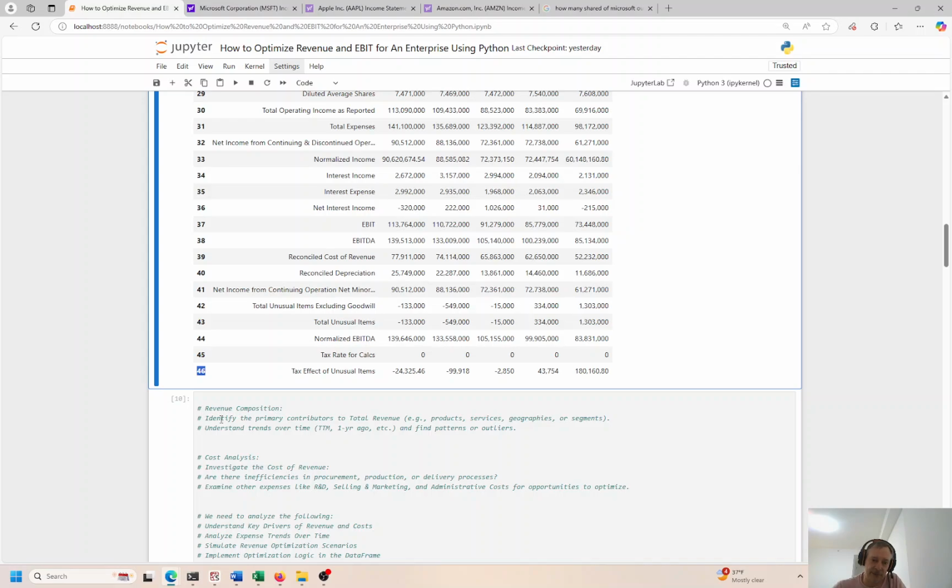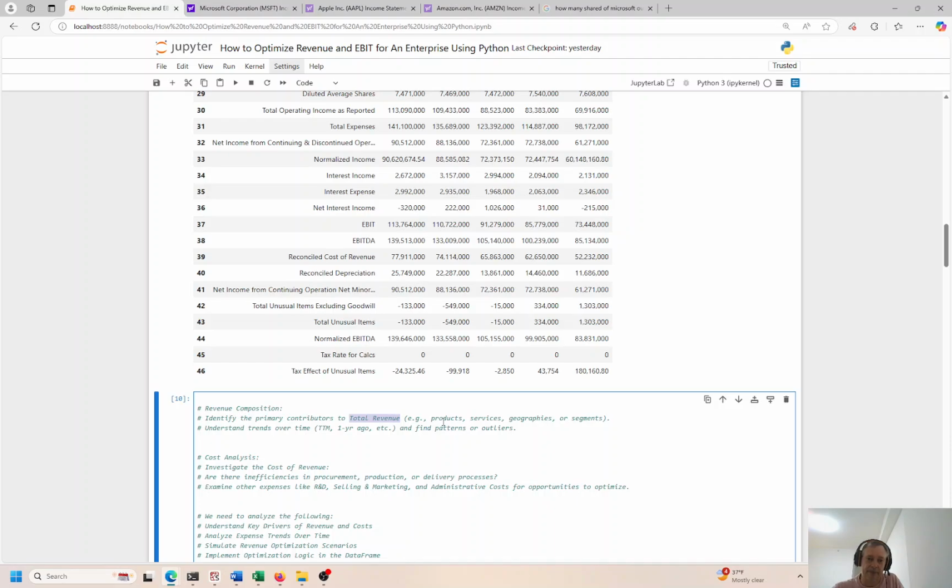Okay, so at this point, with everything loaded into the data frame and structured very nicely and organized, we are going to look at the total revenue, right? Such as products, services, geographies, segments, everything rolls up into the total revenue. So Microsoft is an international enterprise, right? So they have offices all over the world.